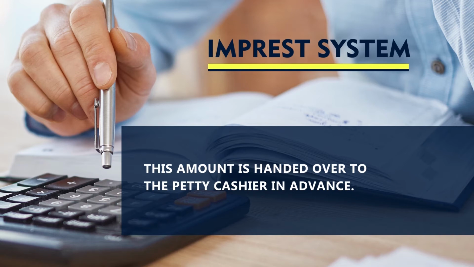So first of all, in this imprest system, we need to estimate the amount required in order to make the petty payments. When the estimate is made, this amount is entrusted to the petty cashier.